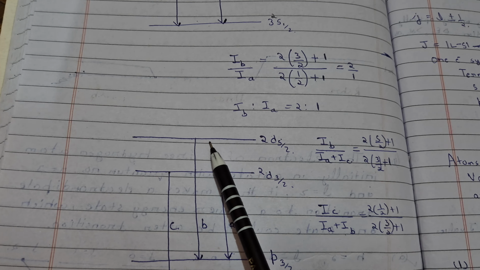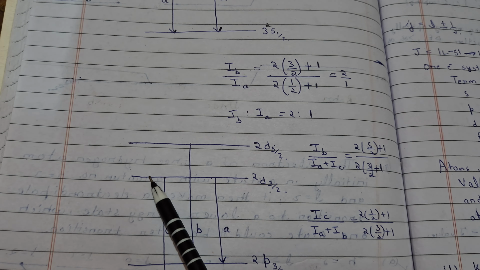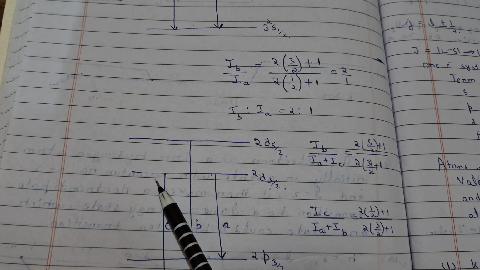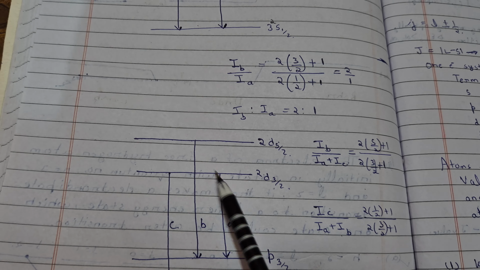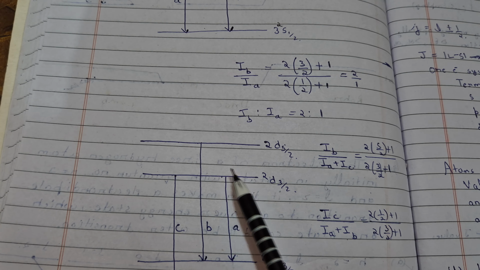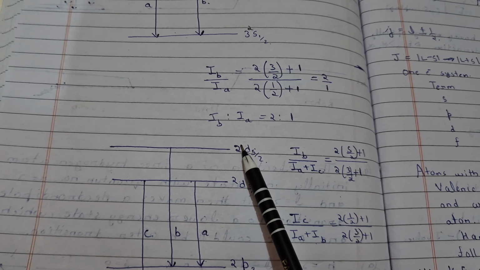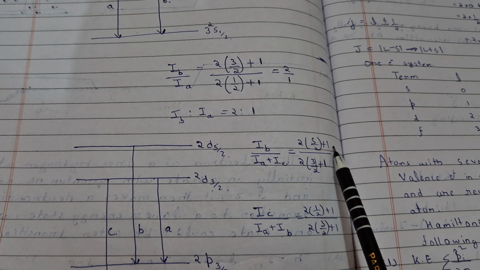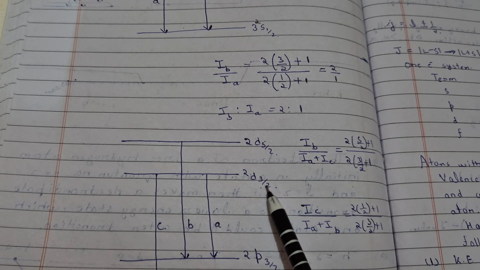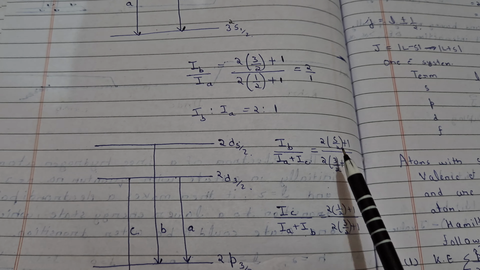First, for IB, the transition goes to both A and C, so the intensity is proportional to the sum of A and C. This will be IB divided by IA plus IC, equal to 2 times 5/2 plus 1 over 2 times 3/2 plus 1. Now this is one equation.